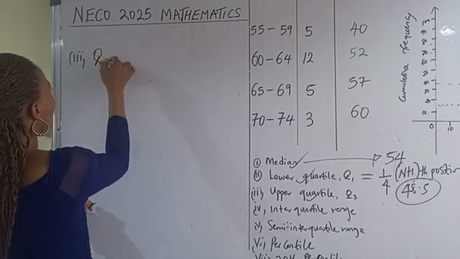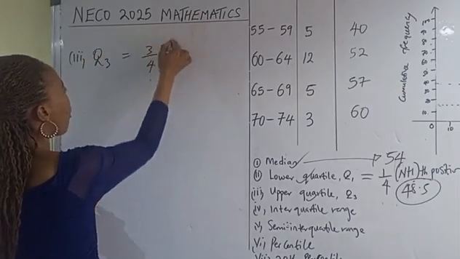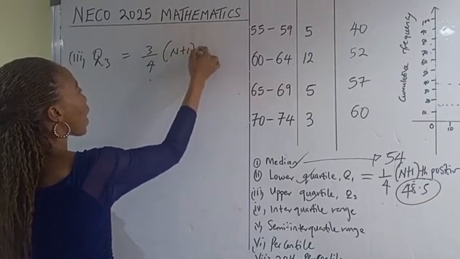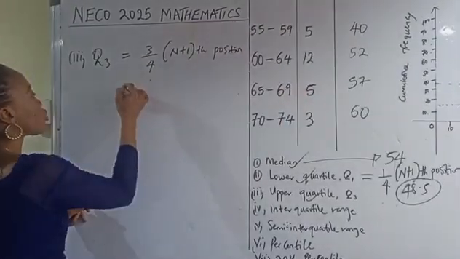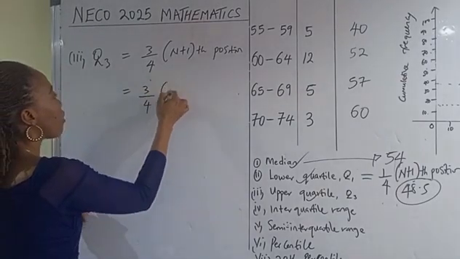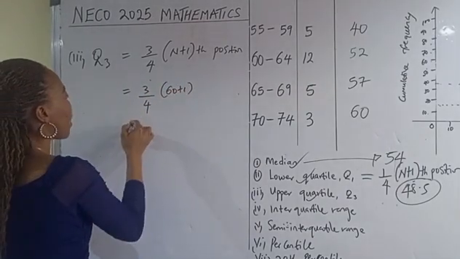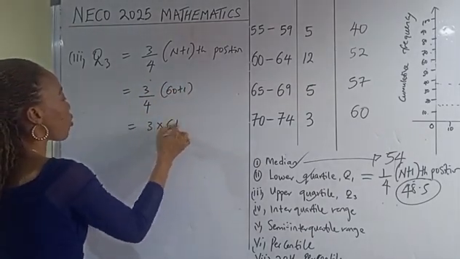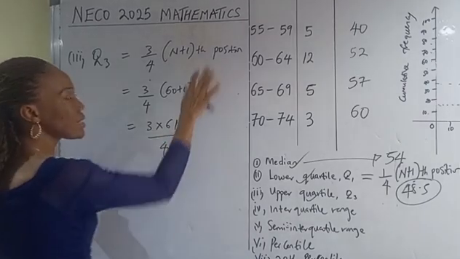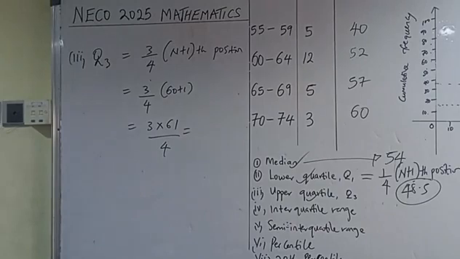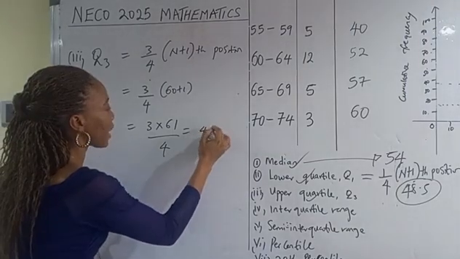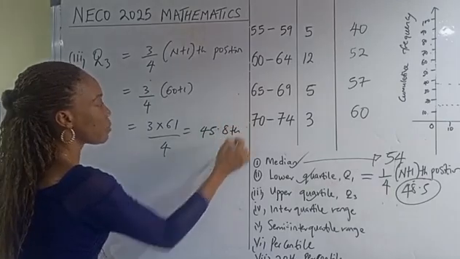The upper quartile, Q3, will be 3/4 of n plus 1 position on the graph. So we'll have 3/4, 60 plus 1, that will give us 3 times 61/4. Remember, this is just to get the position, not your final answer. This is where some people misunderstand it. We have 45 point something. You can say 45.8 position.